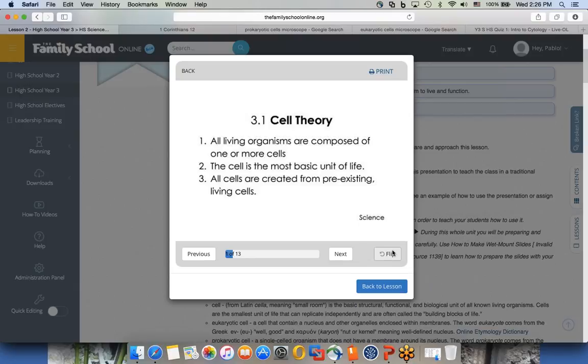It wasn't that they spontaneously occur, it was that they were in a proper environment to come up and reproduce. So these are the main three principles of cell theory.